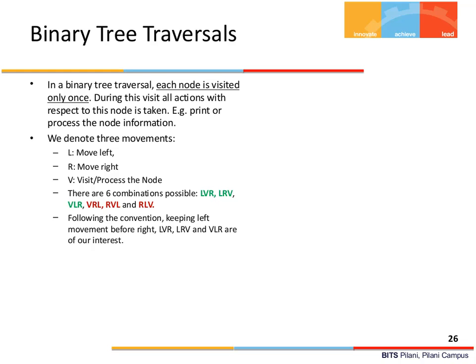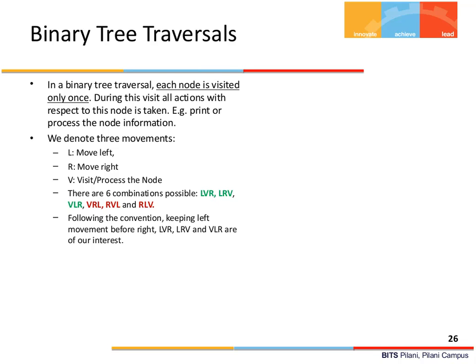As a normal convention, if we have to visit the complete tree, processing one node at a time, we go to the left side first and then to the right side.